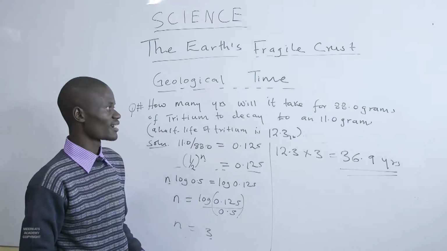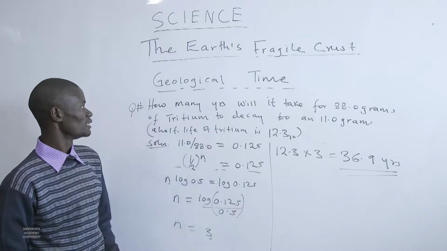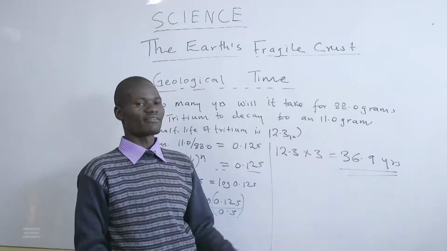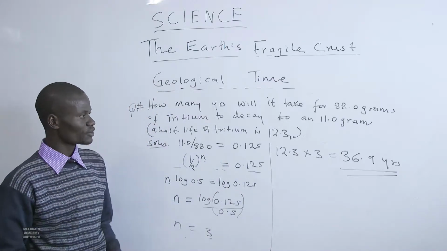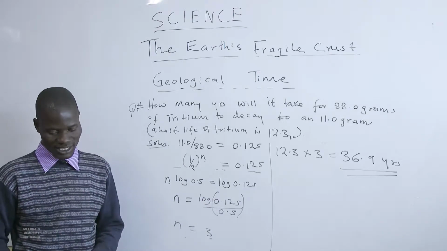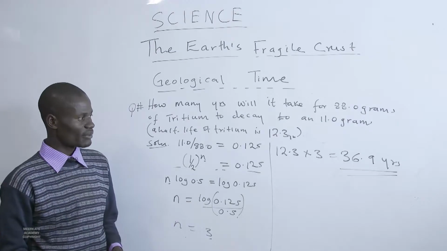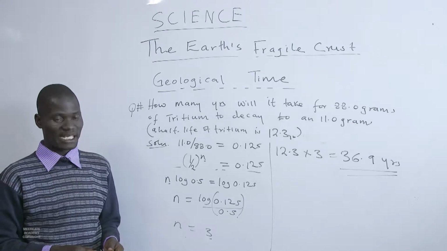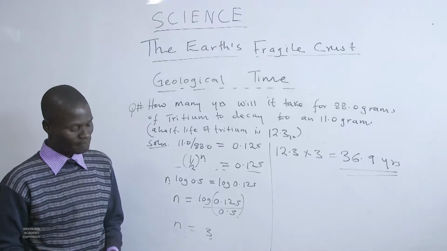How long will it take for 8 grams of tritium to decay so that its mass reduces to 1.0 grams? With this and other examples, we see this is what happens in radiometric dating. We take the arithmetic solution, and this gives us a more accurate method of dating fossils.